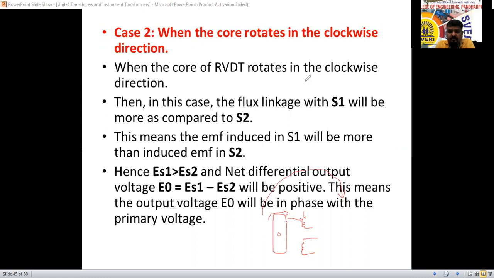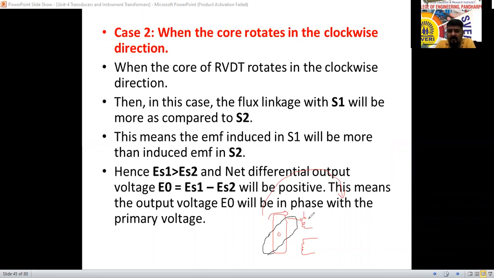In the clockwise direction, the core will come like this. Then which winding is linking more magnetic flux? It is nearer to S1 or S2 here now?